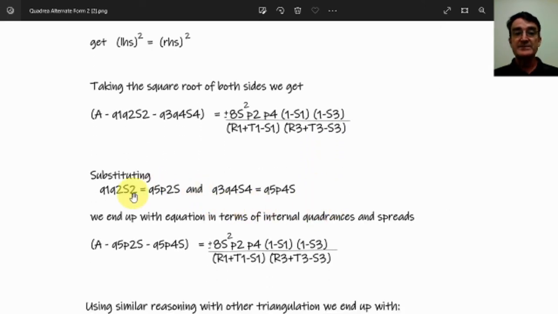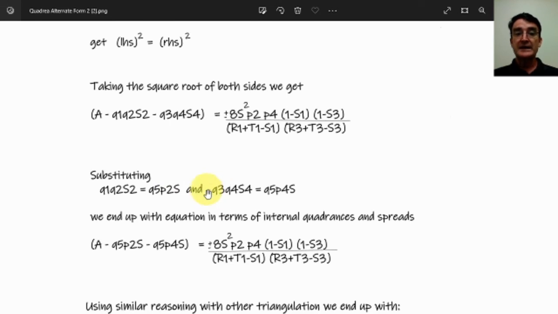And when we substitute for the quadria, this Q1 times Q2 times S2 are quadrias of triangles, and here's an alternate form of that. Depending on the triangulation, we're going to get Q1 times Q2 times S2 is equal to Q5 times P2 times S, where S was the spread between the chords.